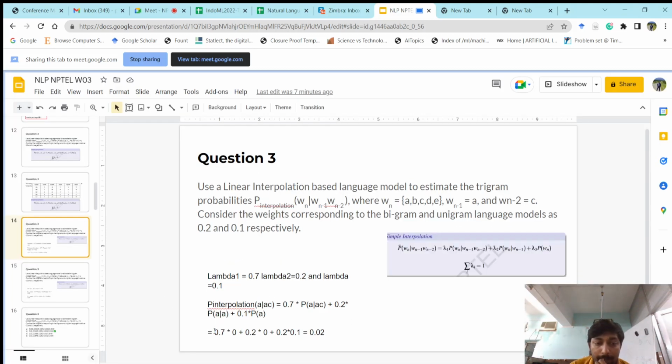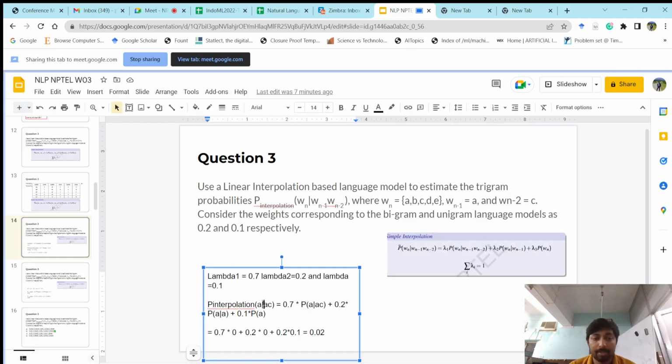Yeah, so Suraj, can you tell what will be the probability? Yeah, sure, sir.